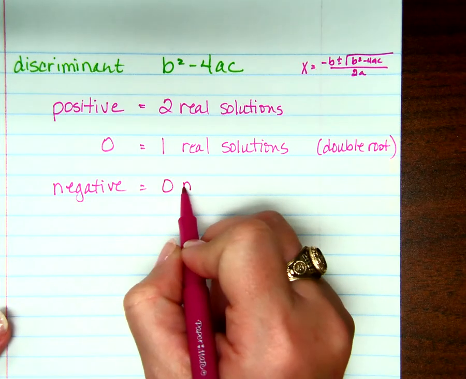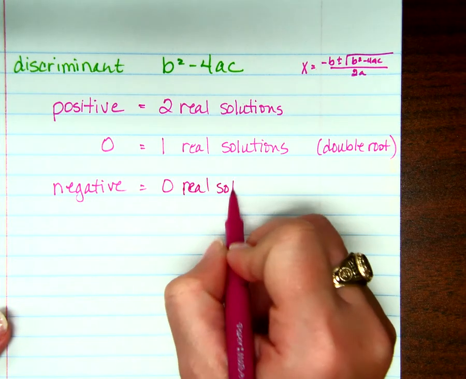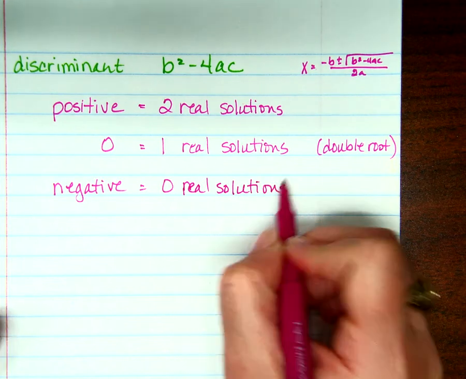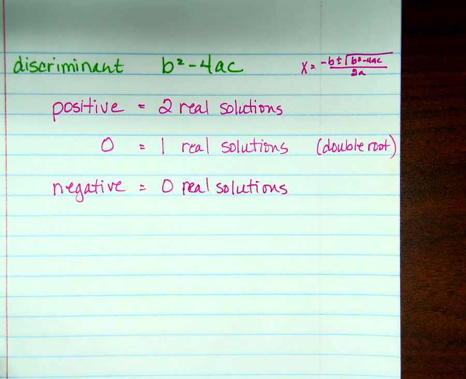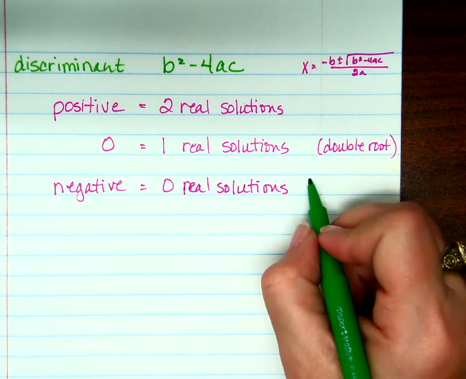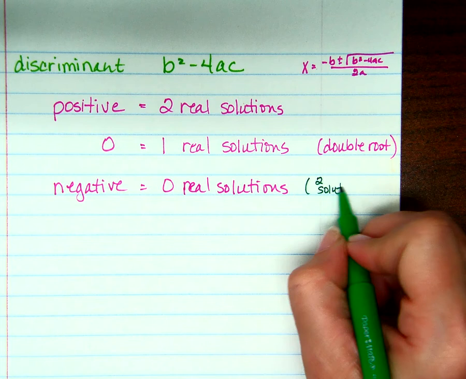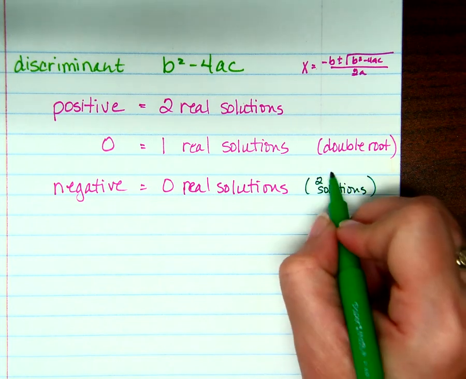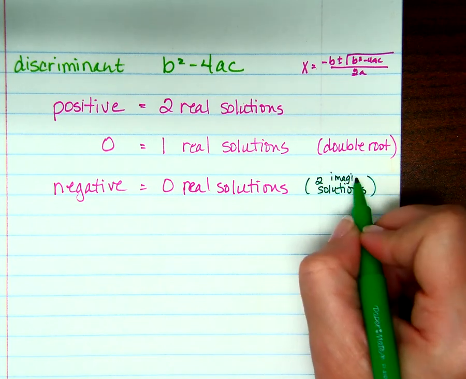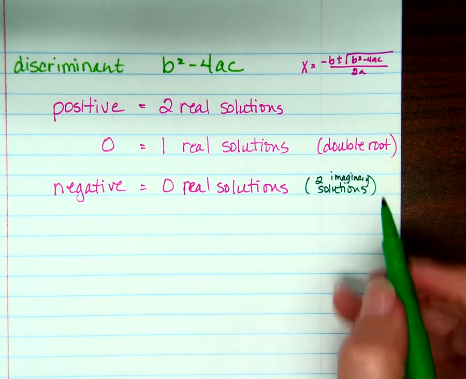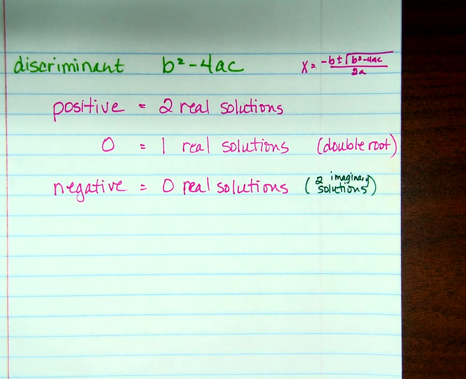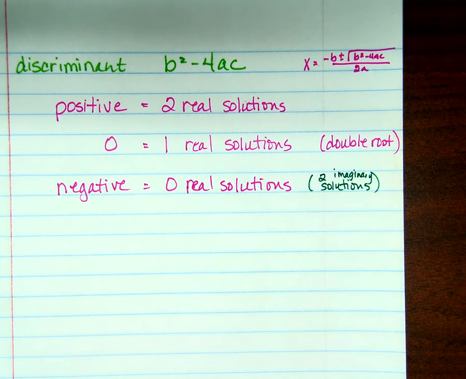No real solutions. How many solutions are there, though? 2, right? They're imaginary, though. 2 imaginary solutions. But our concern right now is the real ones, okay?